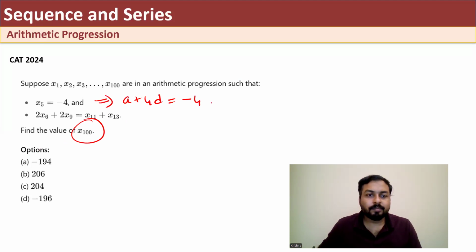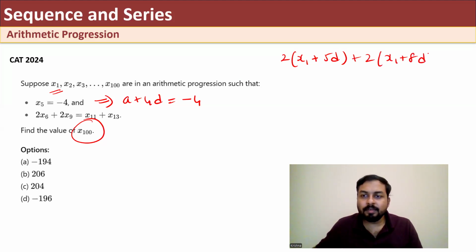Can I say that? And he's saying 2 times x6, which is 2 into (x1 plus 5d), first term plus 5d. The first term is x1, right? Plus 2 into (x1 plus 8d) is equal to x11. x11 is what? x1 plus 10d, plus x13 is how much? x1 plus 12d.